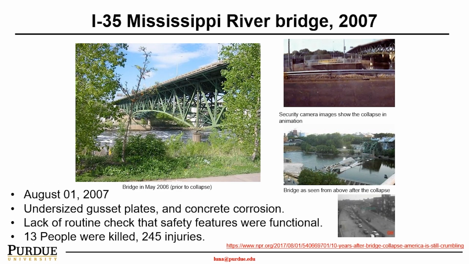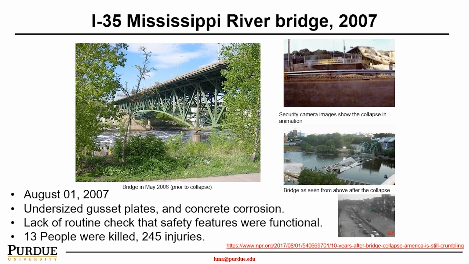The Interstate 35W Mississippi River Bridge collapsed in 2007. This is another very famous case study, often used in the civil engineering discipline. As the video shows, the bridge collapsed all of a sudden during rush hour and caused 13 people killed and 245 injured.